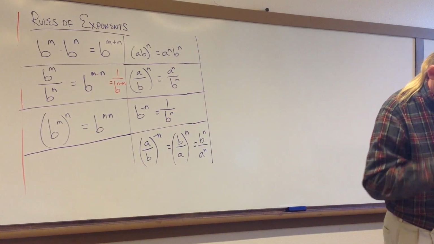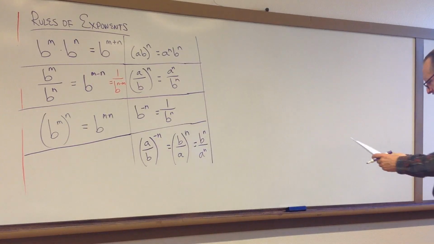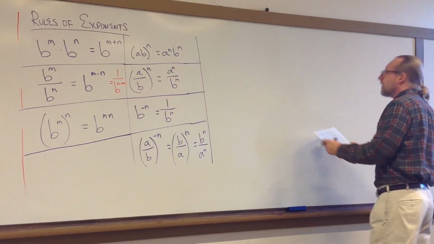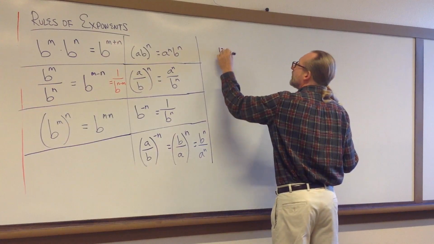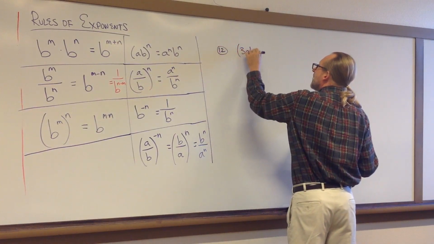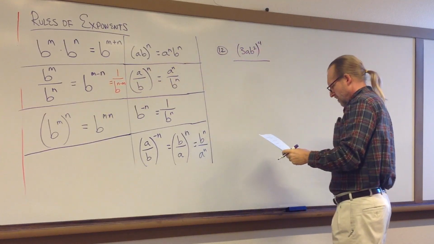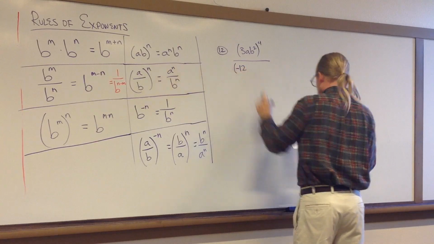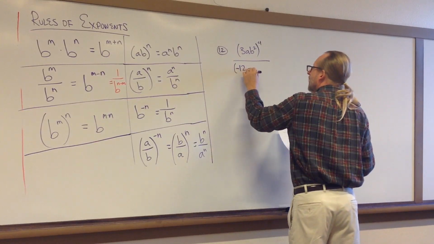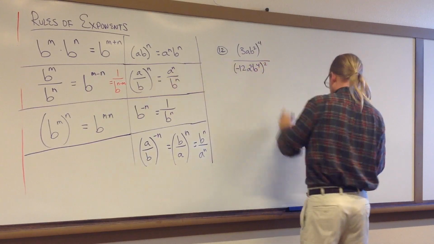Let's see what else. All right, now we've got a combination of these two kinds of problems. So, problem 12, we've got 3ab squared raised to the 4th power, and then on the bottom, -12 a squared b to the 4th squared.